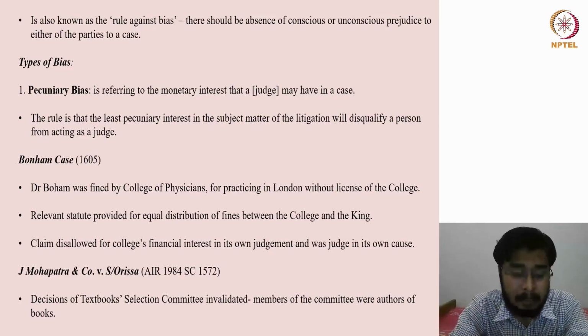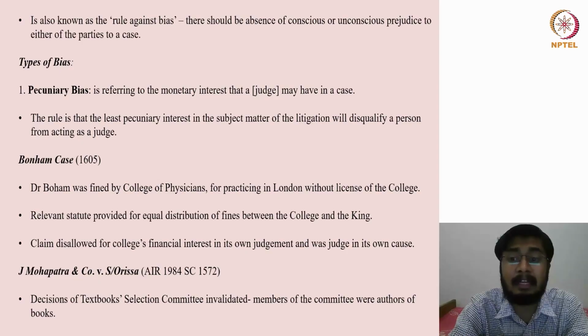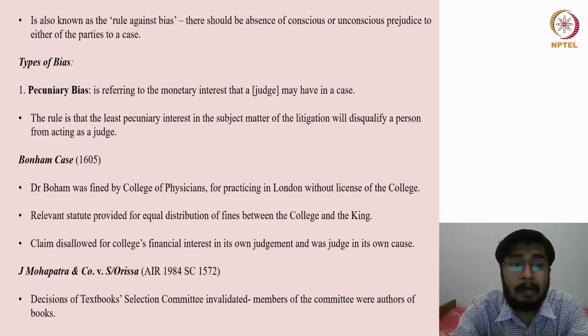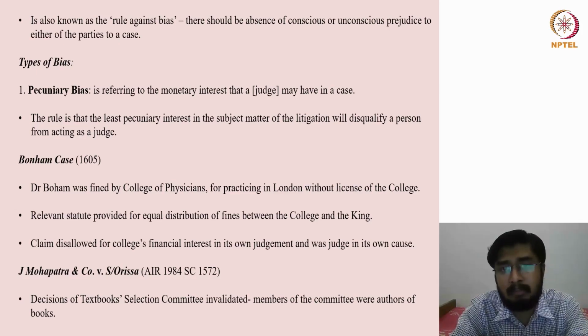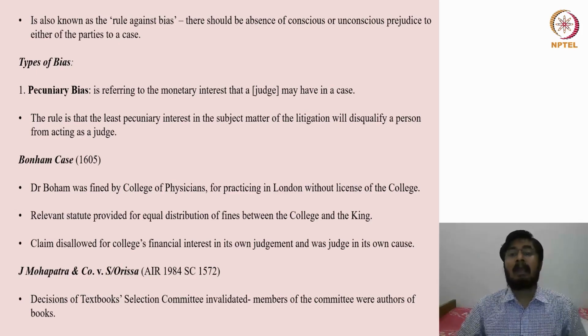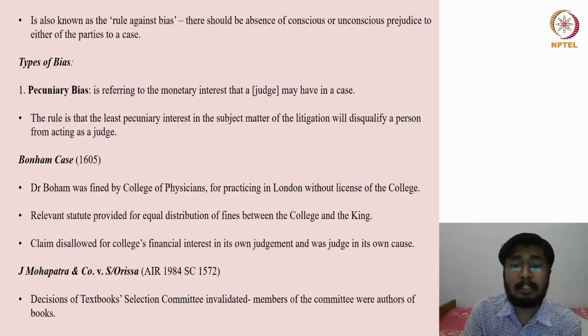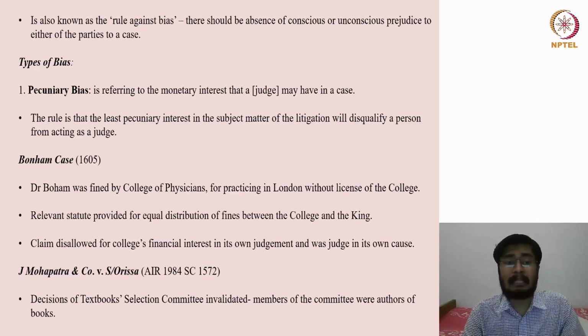Pecuniary bias refers to the monetary interest that a judge may have in a case. The rule is that the least pecuniary interest in the subject matter of the litigation will disqualify a person from acting as a judge. Now, a very old case, the Bonham case: Dr. Bonham was fined by the College of Physicians for practicing in London without a license of the college. The relevant statute provided for equal distribution of fines between the college and the king.